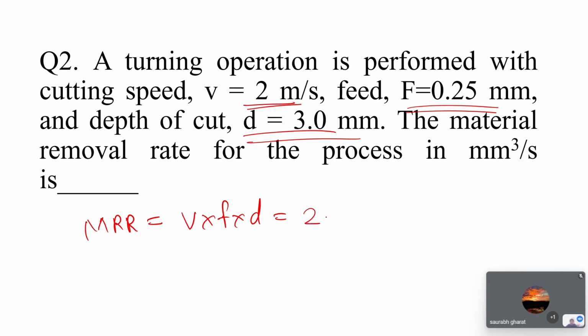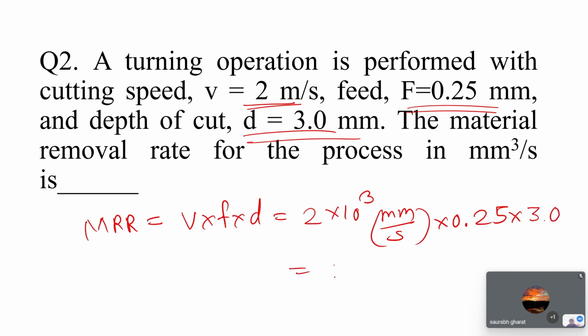They have given 2 into 10 raised to 3, because it is in meter, converted to millimeter per second, into 0.25 feed into depth of cut 3.0. So your answer will be 1500.